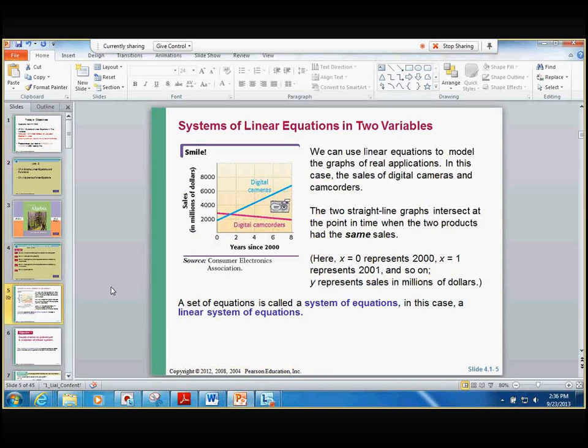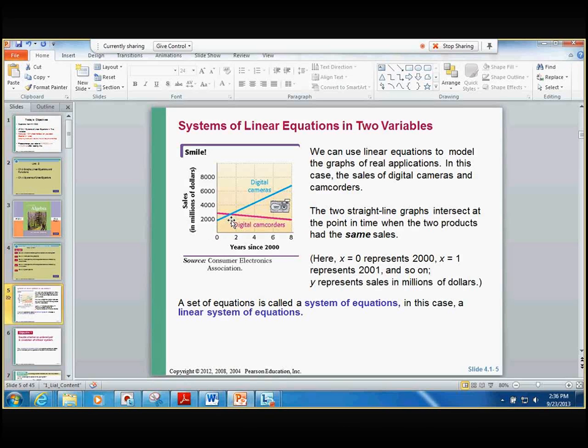As an overview, this systems of linear equations in 2 variables is kind of looking at a word problem. It's talking about the sales since 2000. In 2000, digital camera sales were lower. The blue one was lower than the red one, the digital camcorders. But somewhere in 2001, the sales were the same.